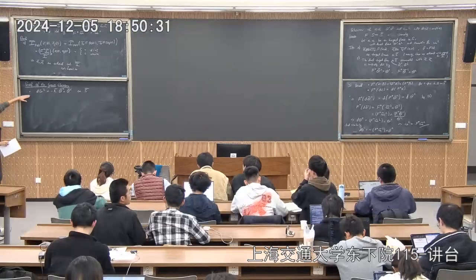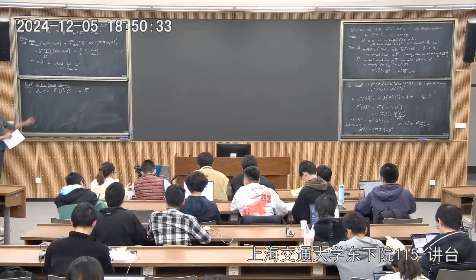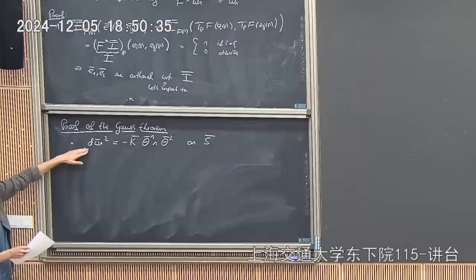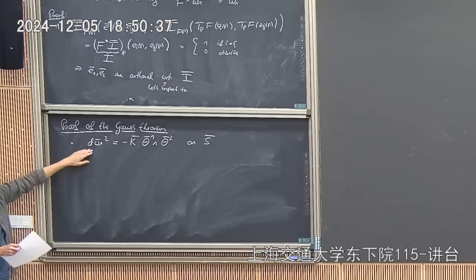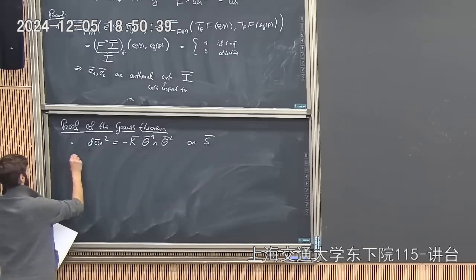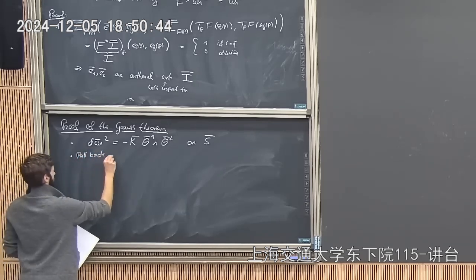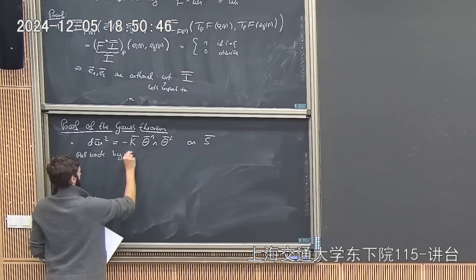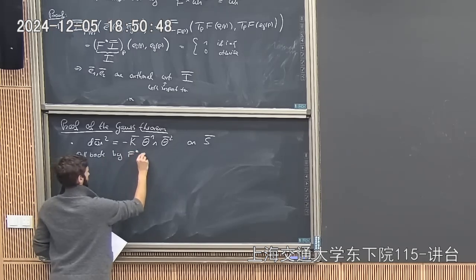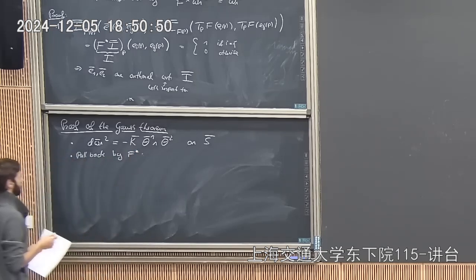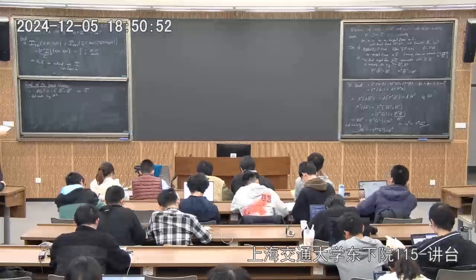So that's our starting point. And the idea is to now pull back this equation by F star. Then we get, of course, also an identity.